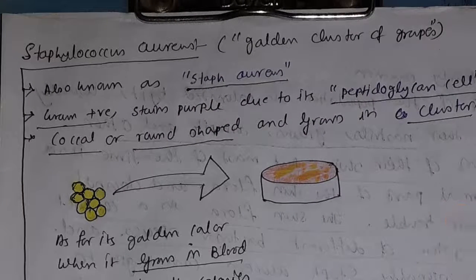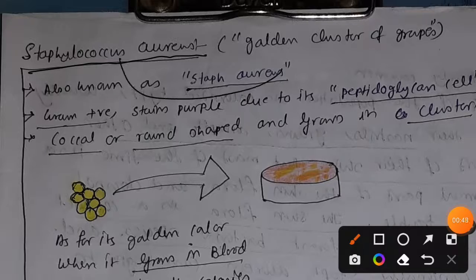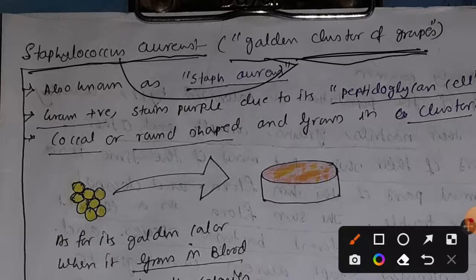After decoding the name, we get golden cluster of grapes, which means it appears in clusters. That is why under the microscope you can see golden clusters of grapes. Because it is round in shape and grows in clusters, it looks like grapes.